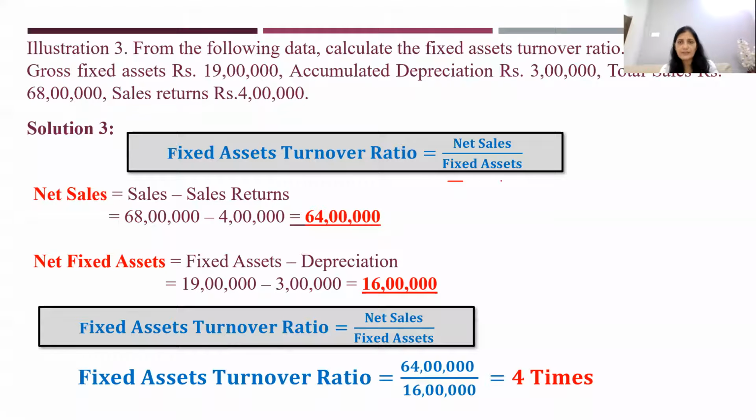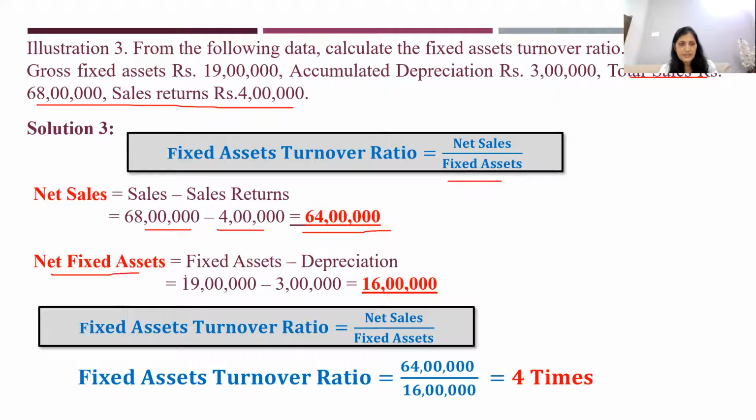In the sales part, we know total sales and sales returns. So net sales is equal to sales minus sales returns: 68 lakhs minus 4 lakhs, so it is 64 lakhs.